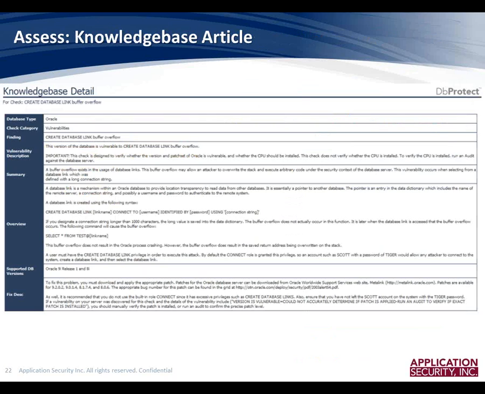As an example, here is the knowledge base article for the create database link buffer overflow. Team Shatter writes up the detailed information on each vulnerability we scan for and each exploit we monitor for. This is your go-to source for detailed information on what each vulnerability means and what you can do about it.